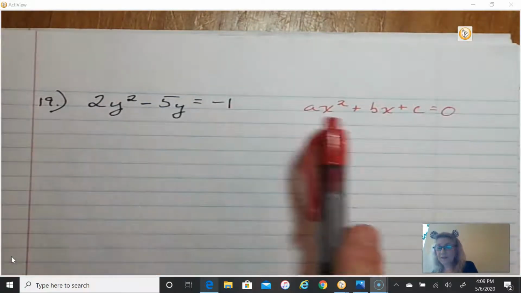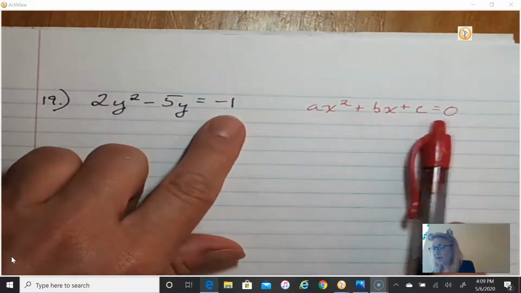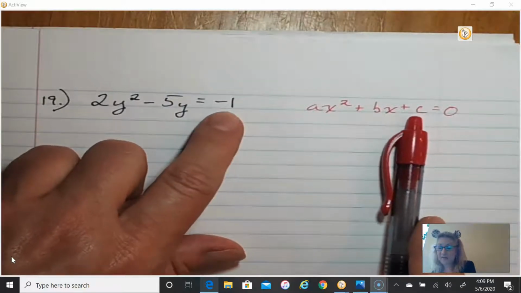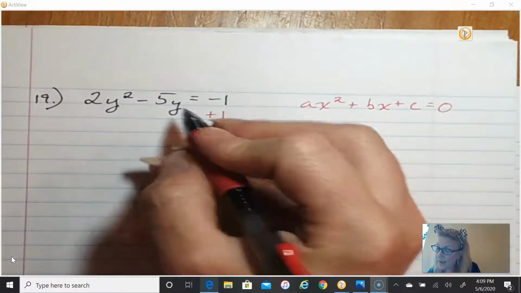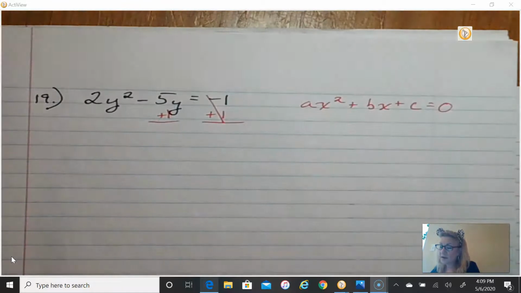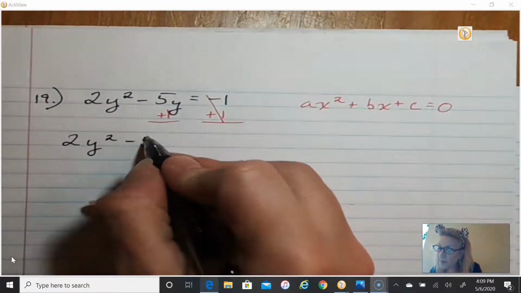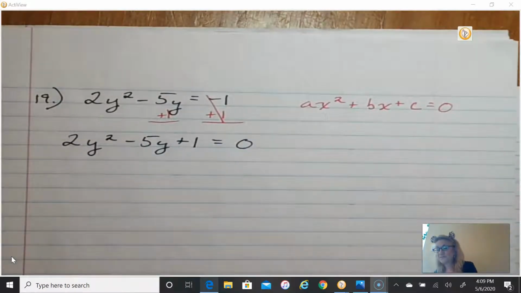This time we have the ax squared represented, the bx represented, and the c is represented, but it's on the wrong side of the equal sign. So we need to move it over there. We do that by adding 1 to both sides. So now we have 2y squared minus 5y plus 1 equals 0.